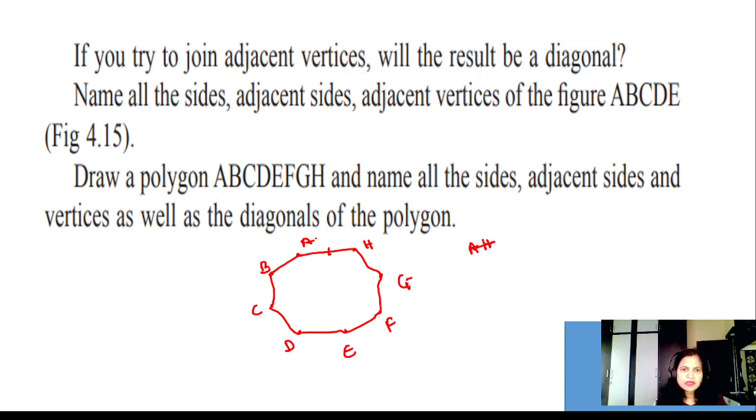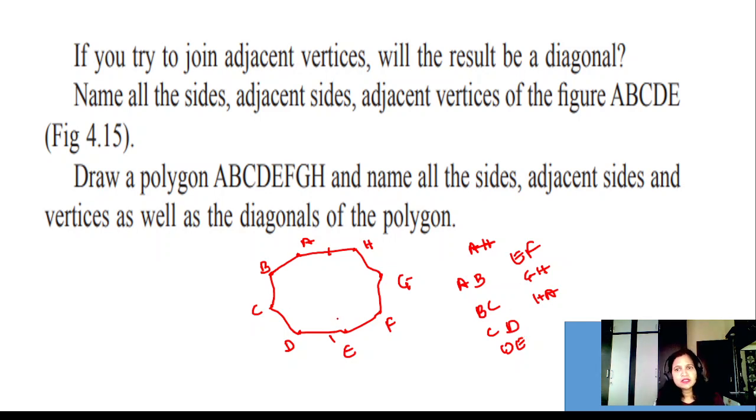Now let me name in clockwise order: AB, BC, CD, DE, EF, FG, GH, HA. These are all the sides of this polygon.